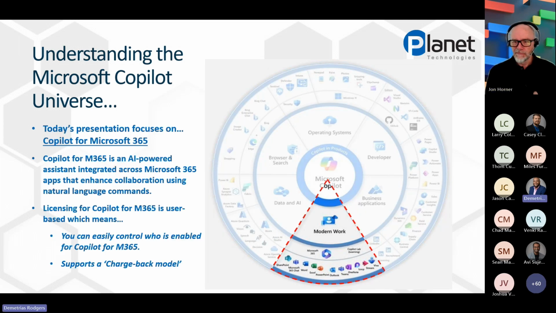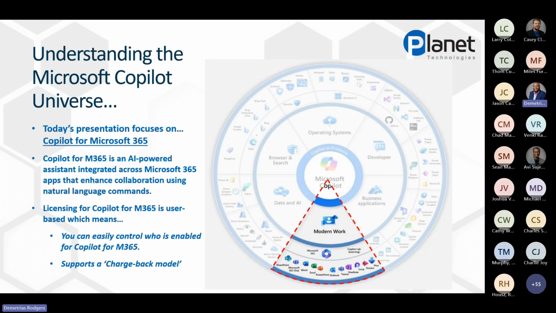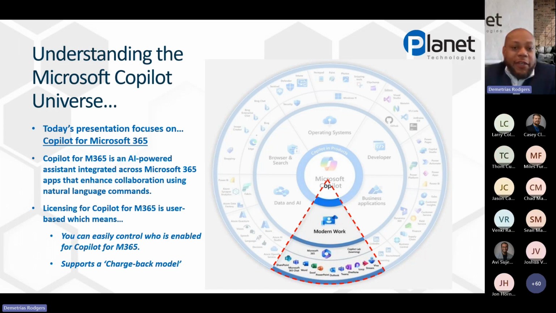Yeah. So thank you, John. I know I didn't introduce myself earlier, but I just want to also give you a little bit of my background before we get too far into this. Again, my name is Demetrius Rogers. I am the Chief Technology Officer here at Planet for SLED and Commercial Operations. I've been at Planet now for almost 3 years, and how time flies.